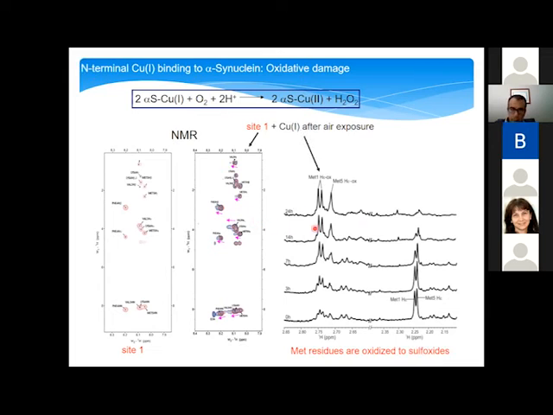We then monitored this at different time intervals, showing that the protein was indeed oxidized, both methionine at position 1 and 5 to methionine sulfoxides, in the presence of copper complexes, a high concentration of a reductant, ascorbic acid, and exposure to air for different time intervals.